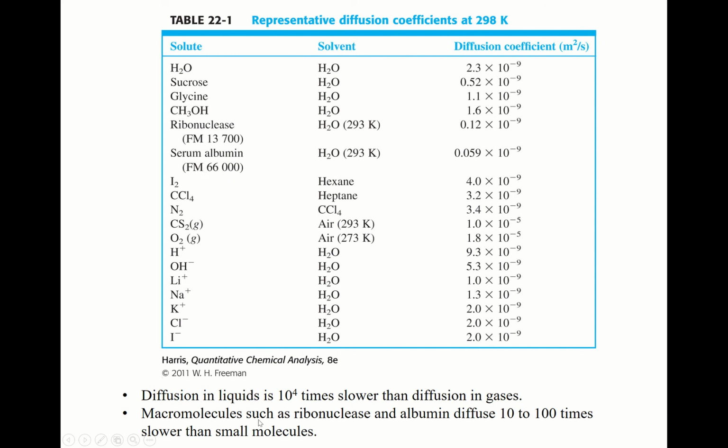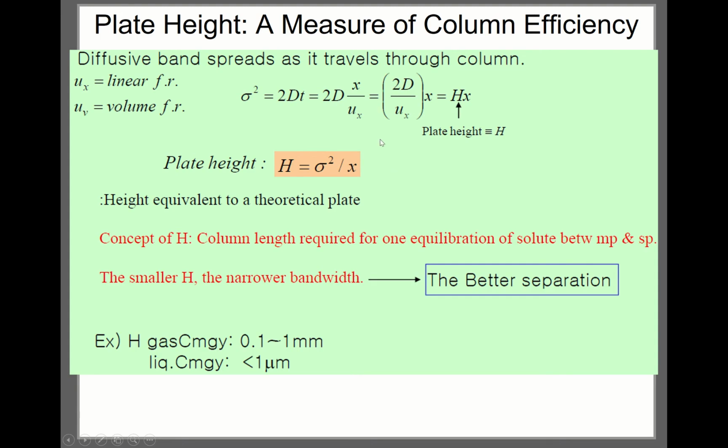Okay, and macromolecules diffuse 10 to 100 times slower than small molecules. Although they are in liquid, this diffusion coefficient is much smaller than other cases. Why? Because their molecular size is much bigger. Okay, let's stop here.